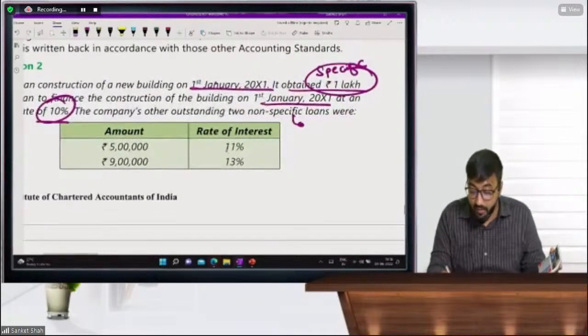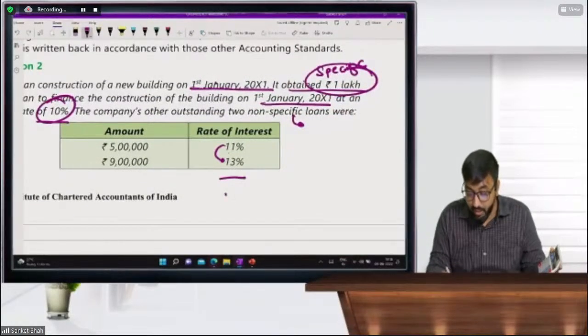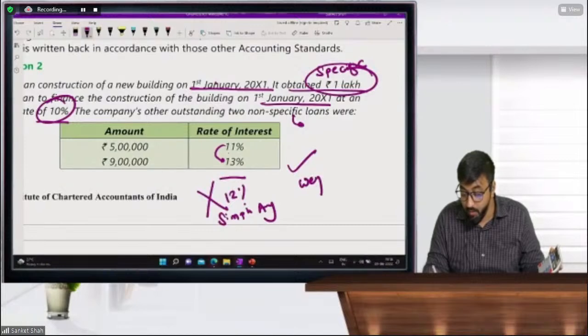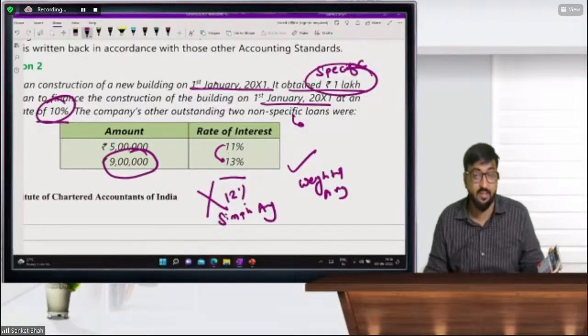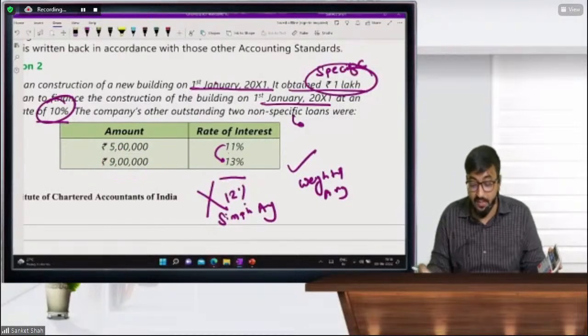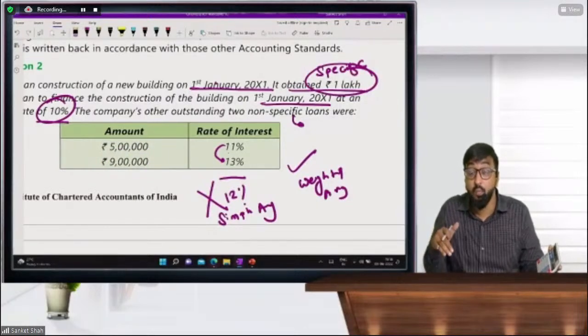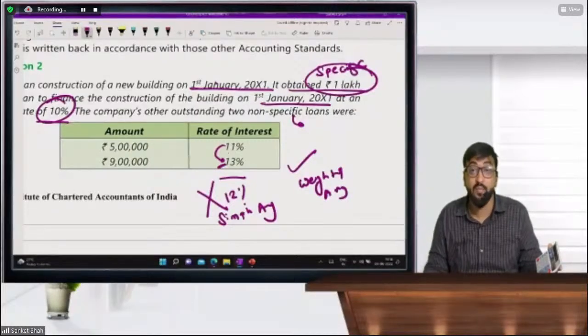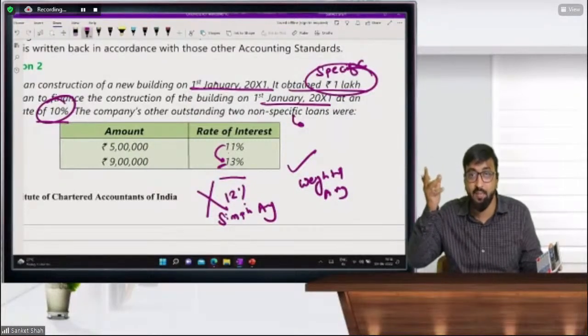If you calculate the simple average it is 12%, but this is not allowed. What is important is the weighted average. Now the weight is more towards 9 lakhs, so your answer is more than 12%. It is towards 13%. You can cross-tally it your own way.